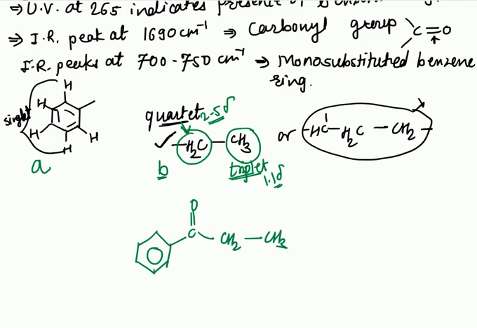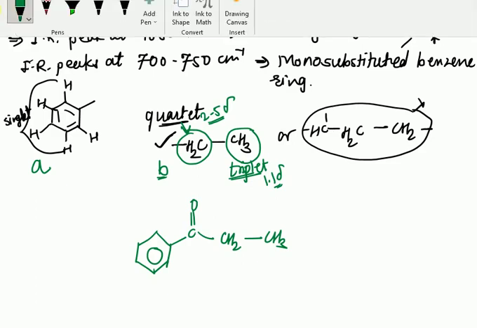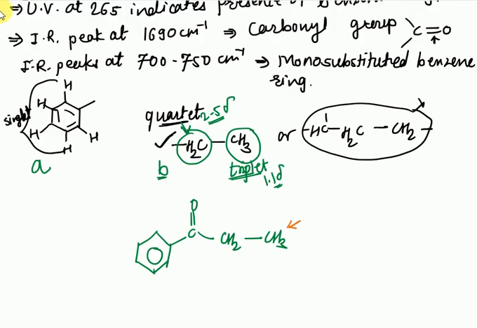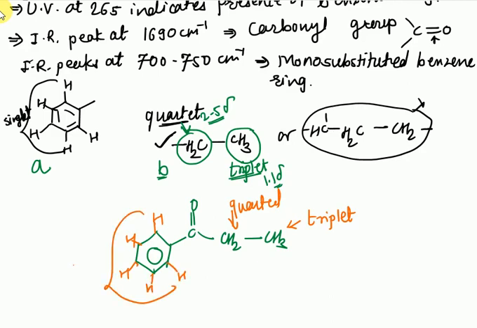If we match the spectroscopic data, this will give the triplet, and here the quartet, and the other 5 hydrogens of the benzene ring are showing a singlet at 7.2 delta value. So the resultant structure matches the spectroscopic data.